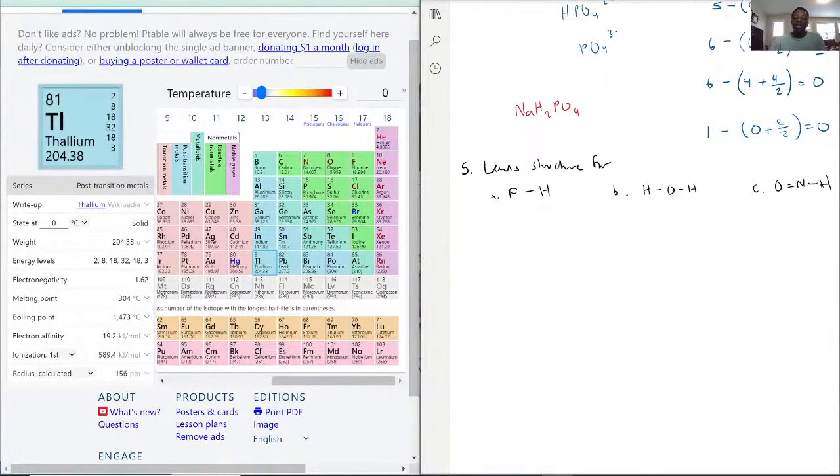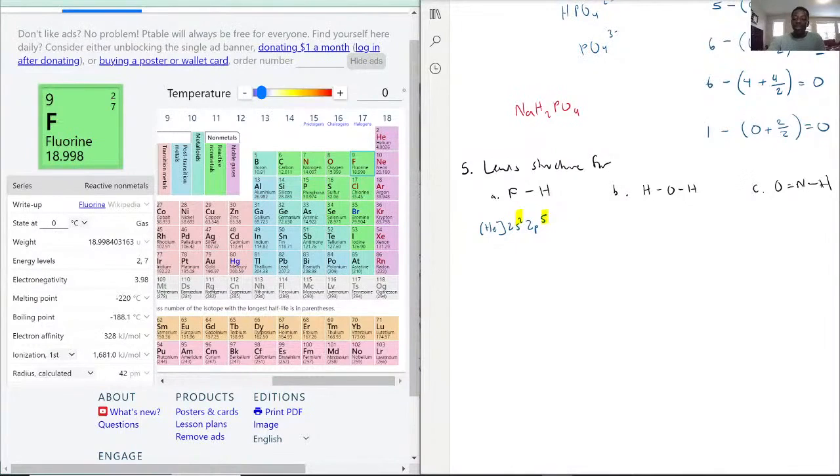So fluorine is on column 17, and even using the electron configuration, starting from helium, it's 2s2, 2p5. That also supports that because it's on column 17, it has 7 valence electrons.